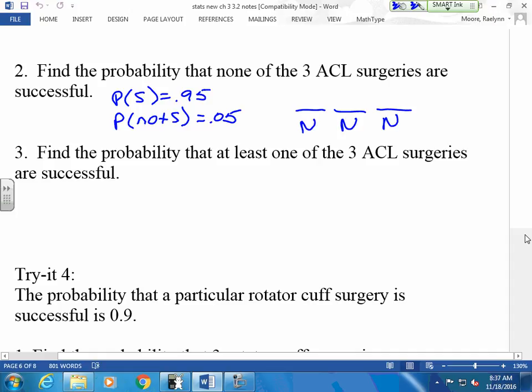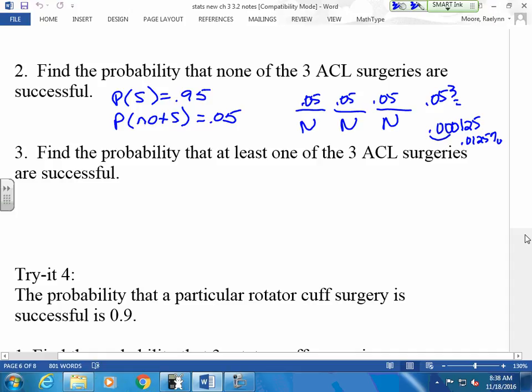What do I do? 0.05 times 0.05, 0.05 to the third. And that gives us a small number, 0.000125. It is far less than 0.01% that the 3 that I do are not successful. So that's also good to consider when you're selecting a doctor for these surgeries.